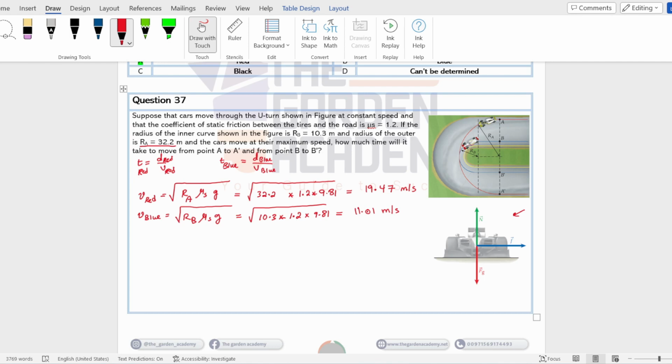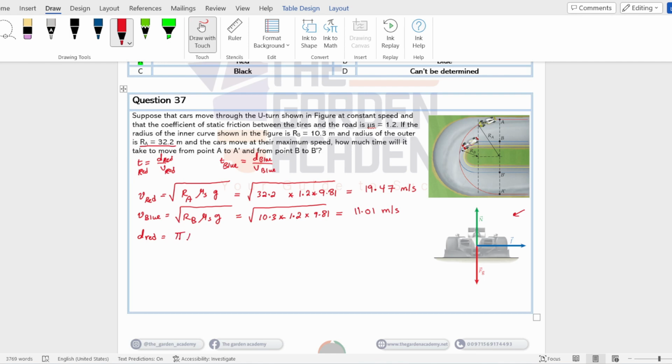Now we need to find the covered distance in the blue path and the red path to go from A to A prime and from B to B prime. So let's start with D red, for example. D for the red is basically equal to half of the perimeter of the circle that we can draw from that arc. So instead of writing 2 pi r to find the perimeter of a circle, we have a half circle, and therefore we say only pi times r.